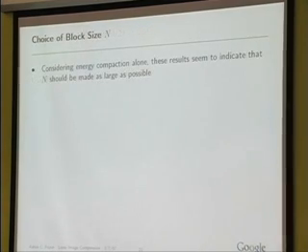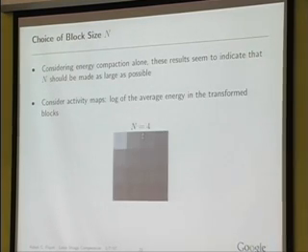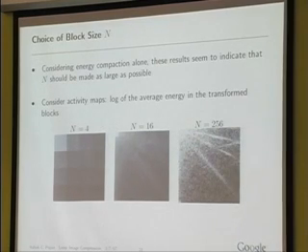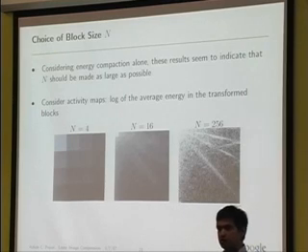So by looking at energy compaction alone, it misses something. So in particular, let's consider what I'm doing here. I'm plotting the log of the average squared value of the magnitude of these coefficients.